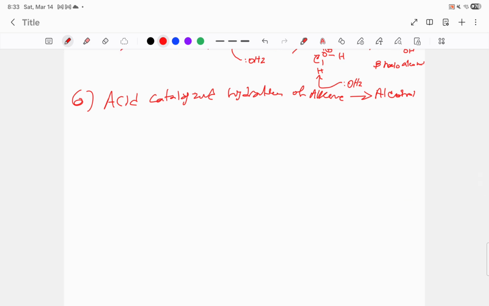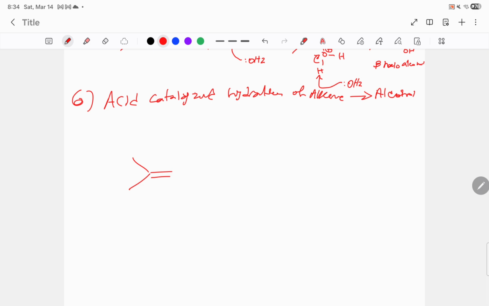In this specific case, if we were to go with a specific kind of alkene here, let's choose this alkene, and there are hydrogens that are implied here, but we're going to get rid of that. The water is just going to add to the carbon-carbon double bond, again, in a Markovnikov fashion.